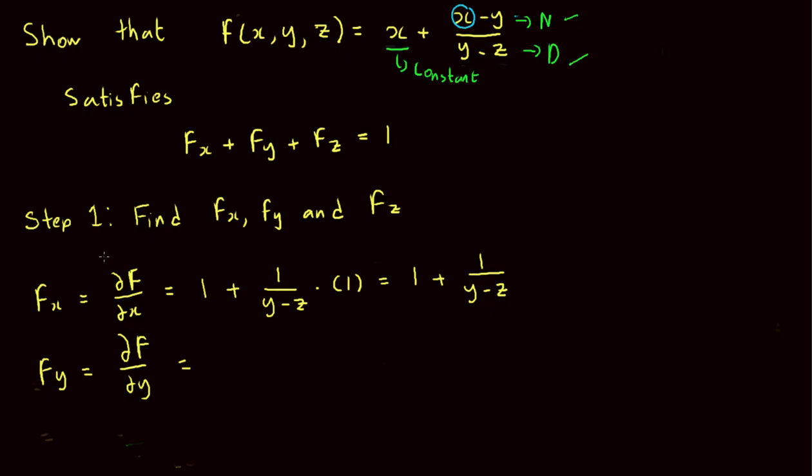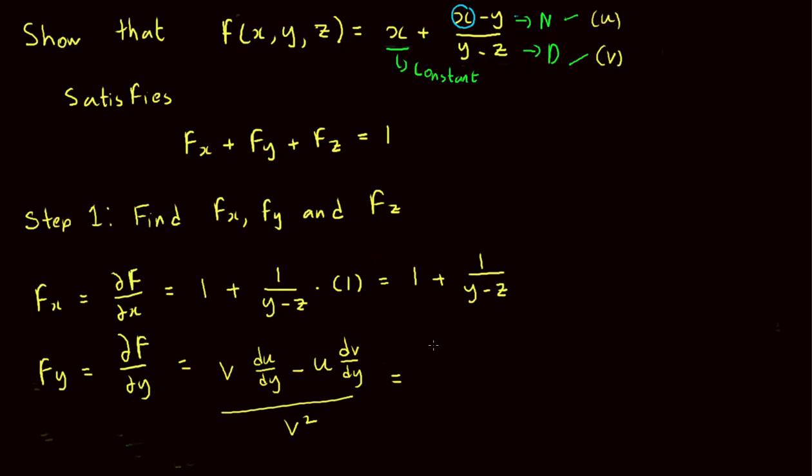So the quotient rule is simply v du dy minus u dv dy, over v squared. v is your denominator, so we take this as our v, and we take the numerator part as our u. Please don't be confused.